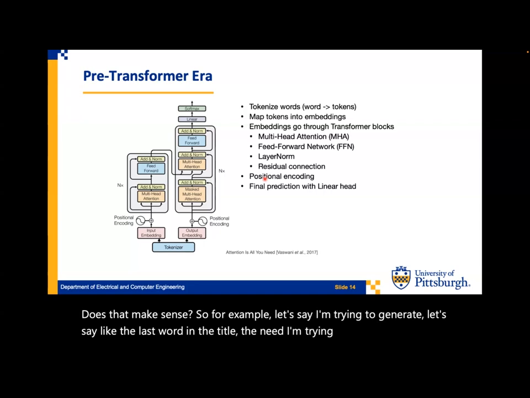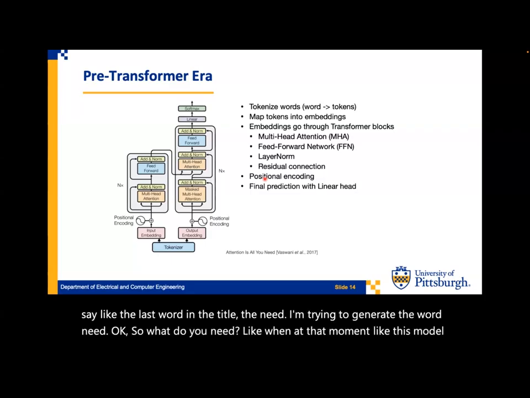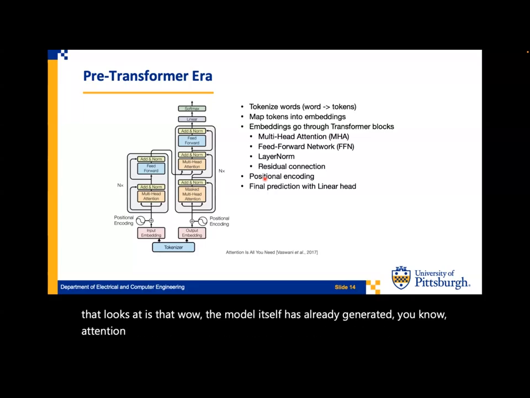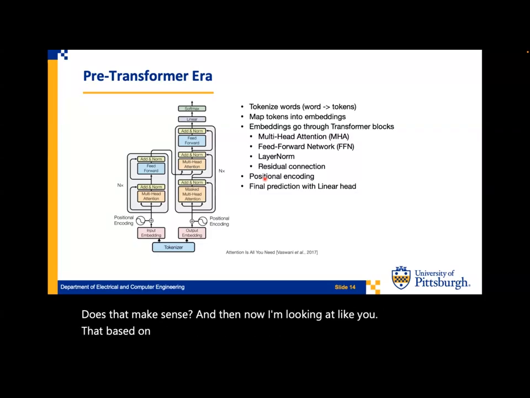So what do you need? At that moment, the model has already generated "attention is all", which were generated by the previous steps. Then I'm looking at "you", and based on what I generated before and what I'm looking at now, "need" is what I should generate.